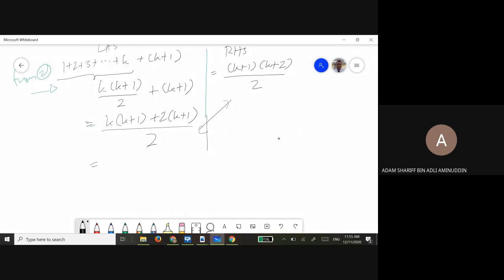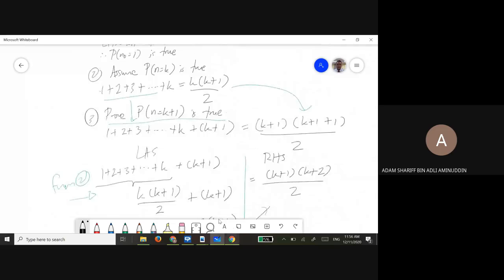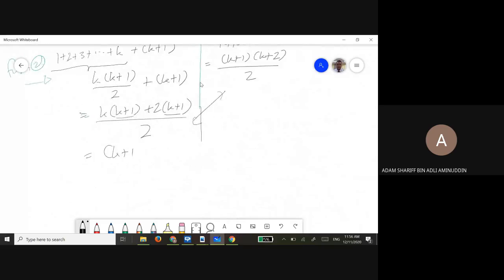But some, because this is a common factor here, then you can directly put here k plus, I miss my whiteboard. K plus 1, k plus 2 over 2. Now, left hand side is equals to right hand side for P(k plus 1).